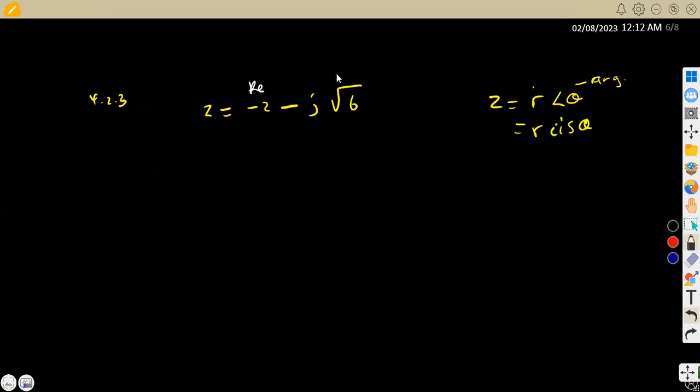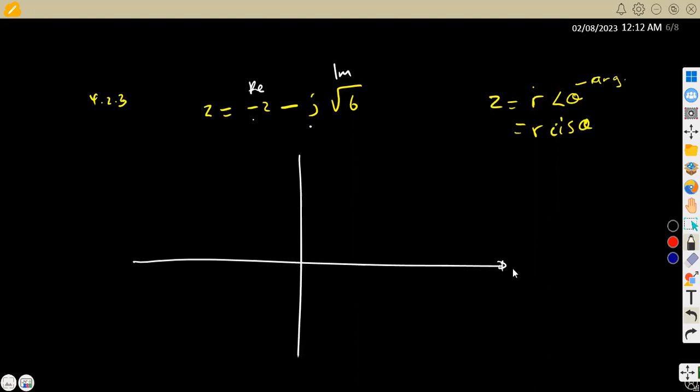This is our real part, and this is the imaginary part. Real is negative, imaginary is negative. Which quadrant do we use where the real axis is negative and the imaginary is negative? That is the third quadrant, where we have real negative, imaginary negative.